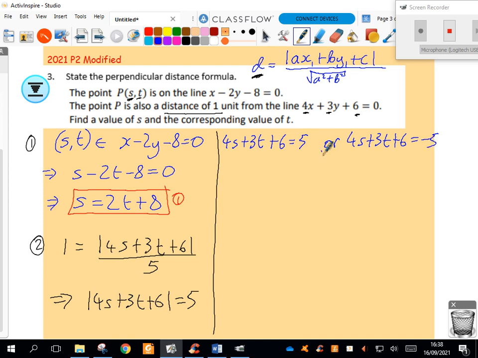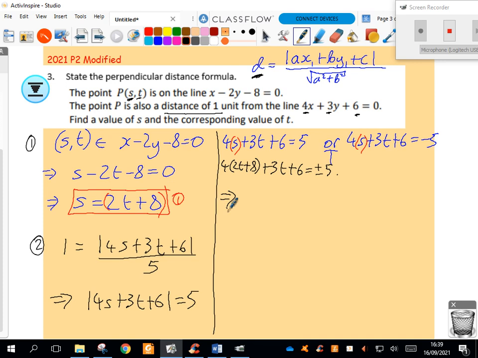I'm going to solve each of these separately. Actually, maybe I should have done this in the last step, that s is 2t plus 8. So I can substitute that in there. So 4 times 2t plus 8 plus 3t plus 6. Let me bring these two equations together under the umbrella of just saying plus or minus 5. It's either plus 5 or minus 5.